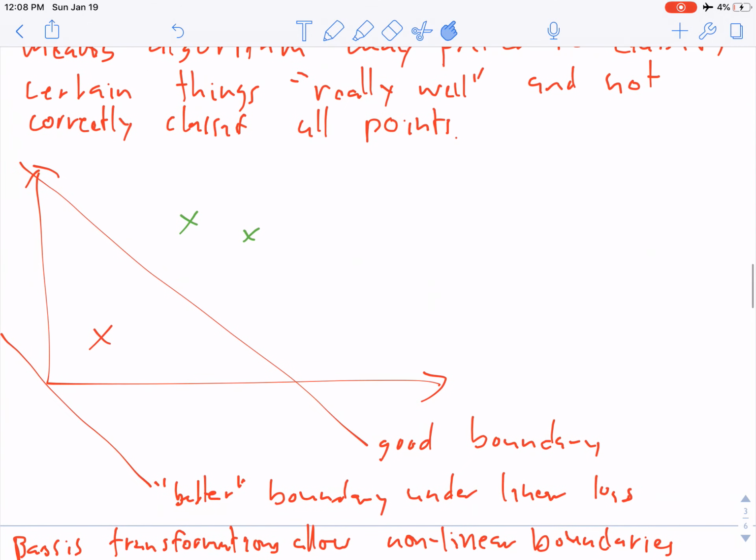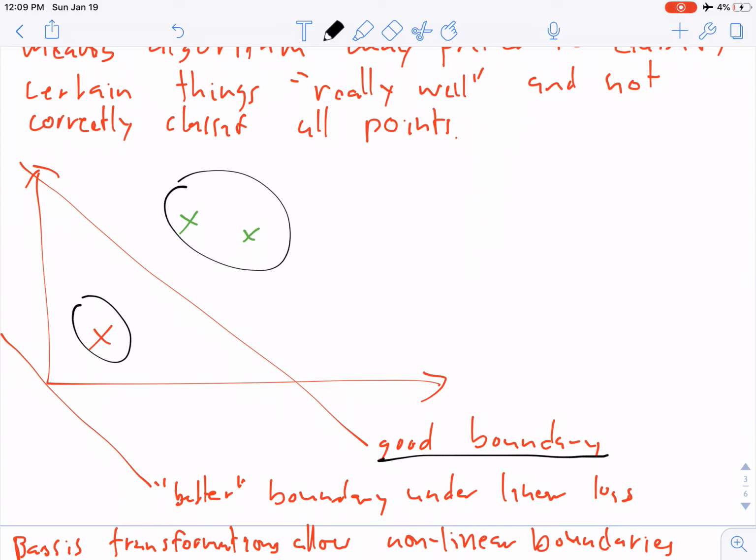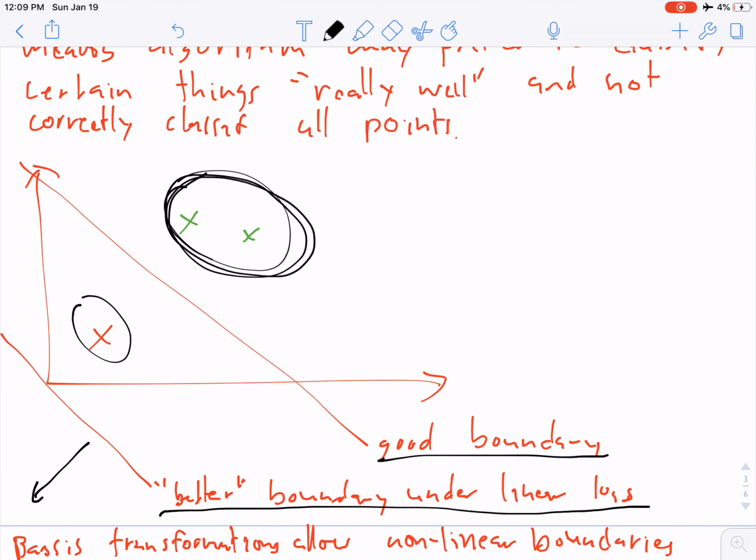So to illustrate this below, let's say that we have one class in green and another class in red. A good boundary might be something like this in the middle, but under a linear loss function, our boundary might be something over here, or actually it would just go infinitely in this direction because it would be getting negative contributions to the loss from these 2 points and only taking a little bit of added loss from this point.